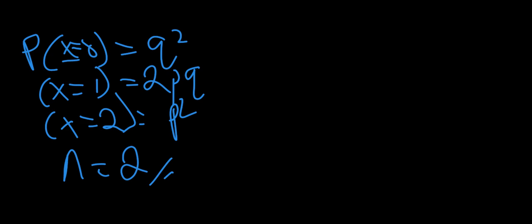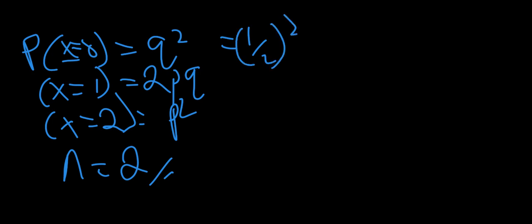Now we know that q is the probability of a failure. The probability of failing when tossing a coin, of getting a tail rather than a head, we know to be half, which is 1/2.